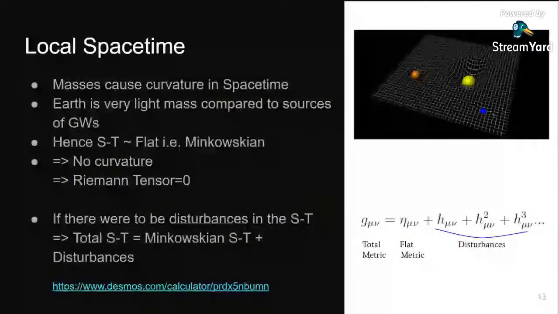So we will assume that there is flat space-time in the region where the observer is present, and that would mean that the Riemann tensor is zero. The Riemann tensor is something that explains curvature. If there is a non-zero Riemann tensor, then we do have curvature, and if there is a zero Riemann tensor, then that's a flat space-time, or flat region.